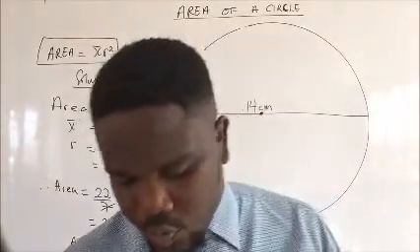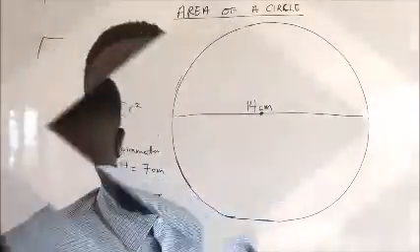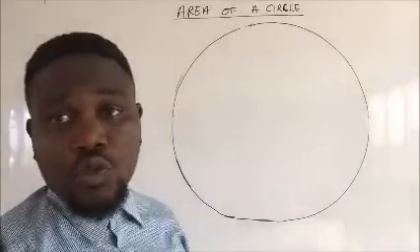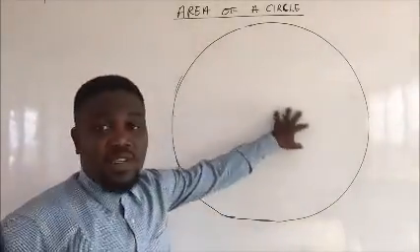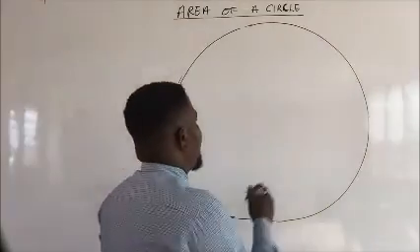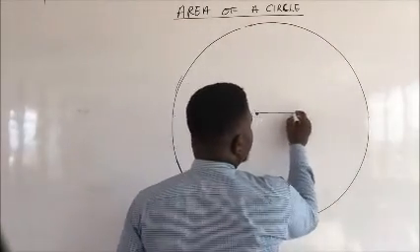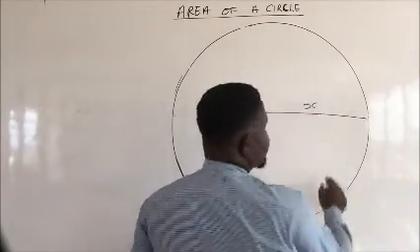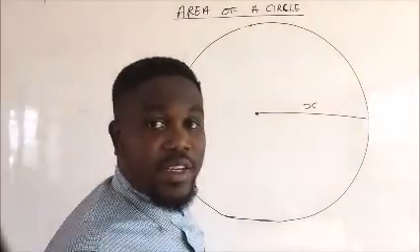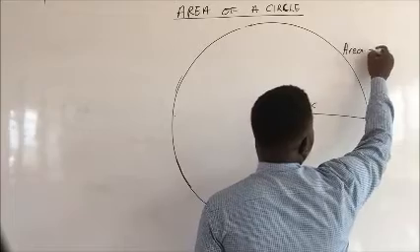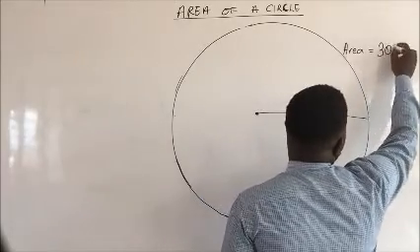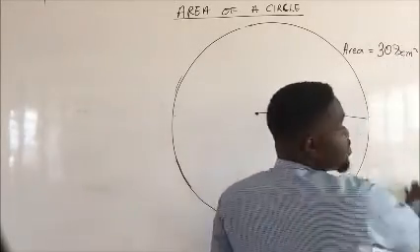The type 2 question. Okay, with the example 2 or the question 2, we have been given the circle. Instead of giving us the radius, they said the radius is x. Then they go on to say, but then the area of this circle is 308 centimeters squared.